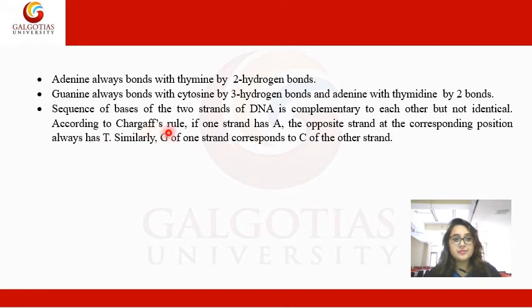According to Chargaff's rule, if one strand has A, that is adenine, the opposite strand at the corresponding position always has a T. Similarly, G of one strand corresponds to C of the other strand. That is, guanine always bonds with cytosine on the other strand. So this is all about the Watson-Crick model of DNA, which describes the structure.